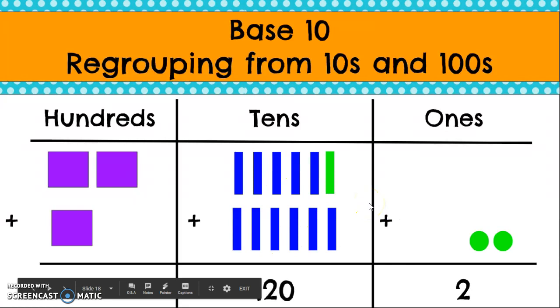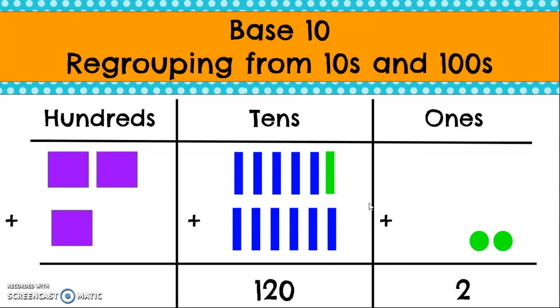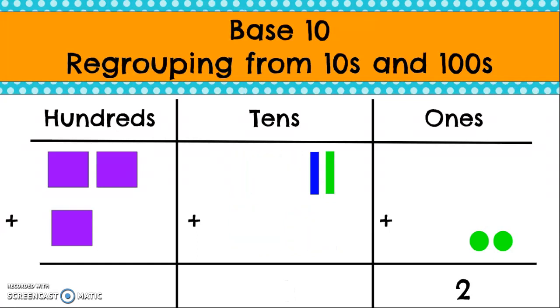And you realize that you have 120. So you would have 10 of your tens, bring it over to your hundreds place, leaving you with 20 in your tens place. And now a total of 400 in your hundreds place, leaving you with the answer 422.